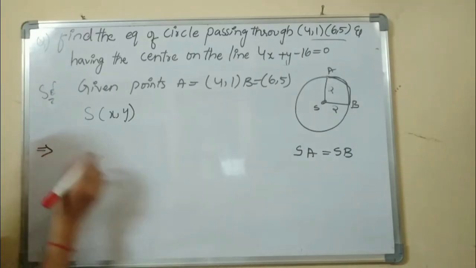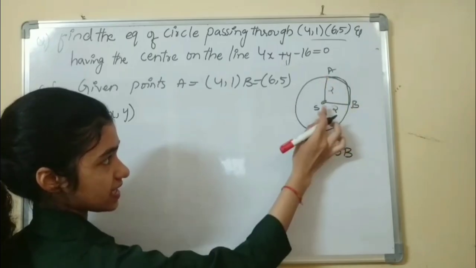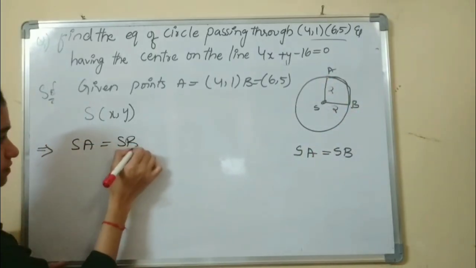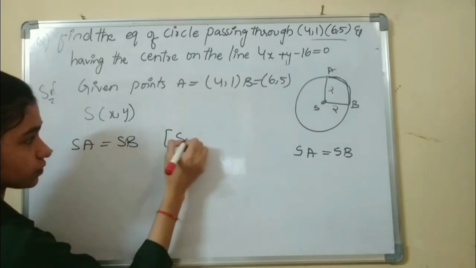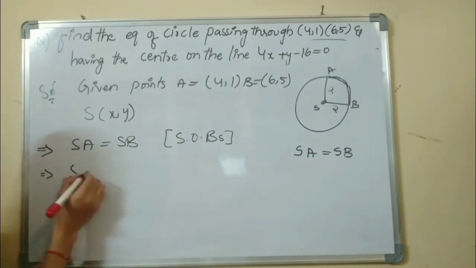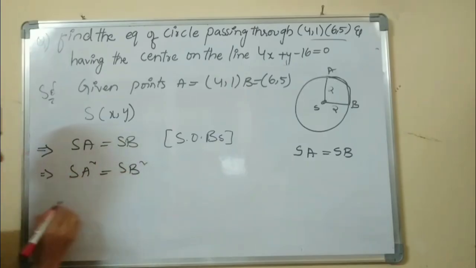Next, as I already told you, SA equals SB, and squaring on both sides, after squaring we will get SA square equals SB square.